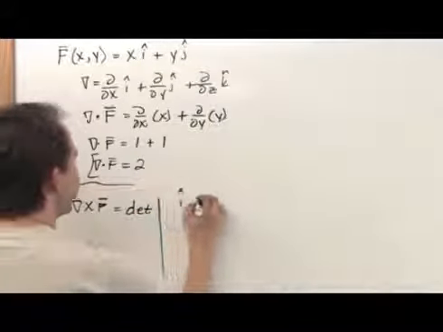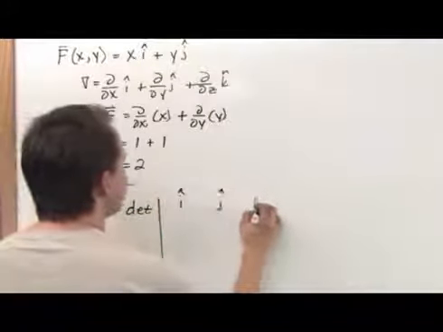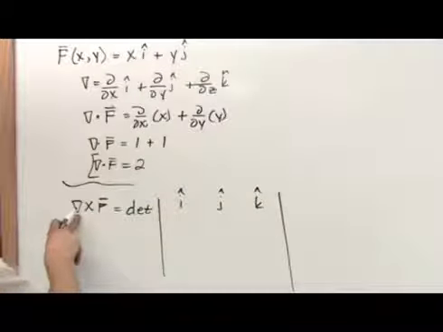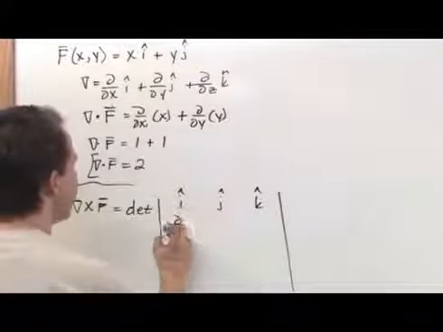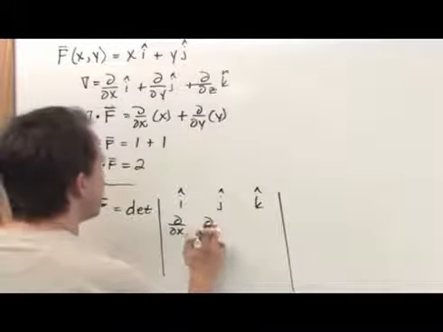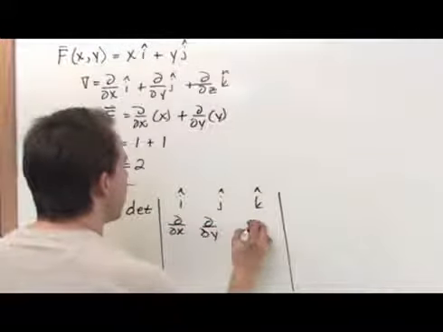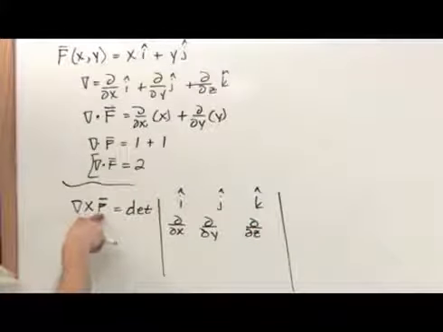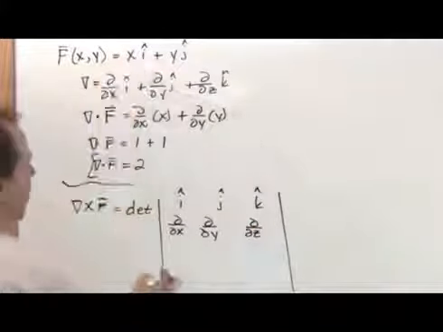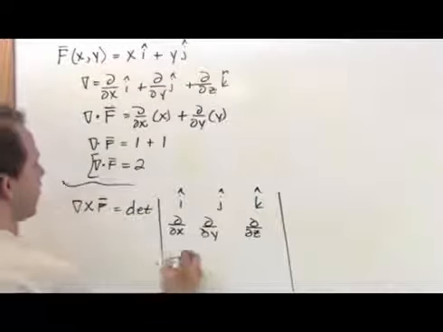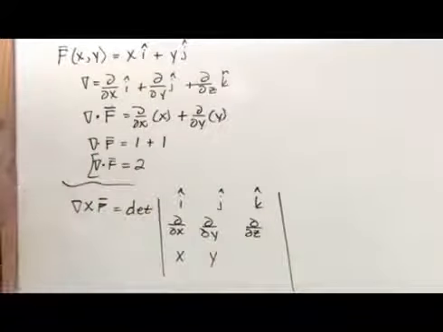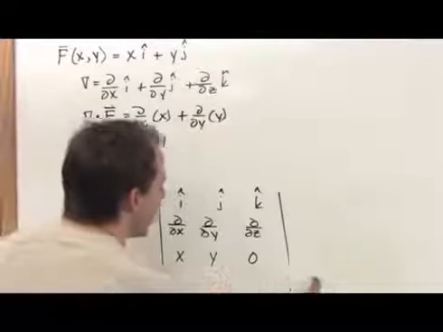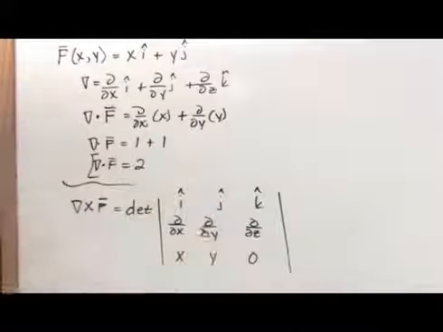You're going to have the I, the J, and the K. We're going to do del first, so you get partial with respect to X, partial with respect to Y, partial with respect to Z. And then we're curling into F, so I put the ith component, which is X, the jth component, which is Y, and the kth component, which is 0. There is no k component, so I'm just going to put a 0 here. I'm doing it this way mainly just to be complete, okay?